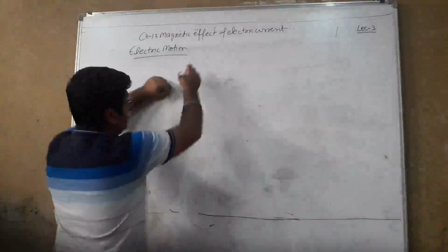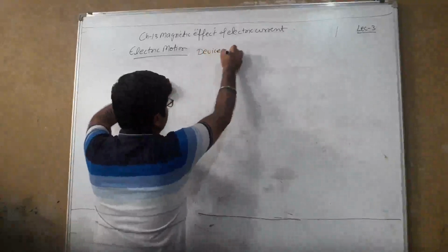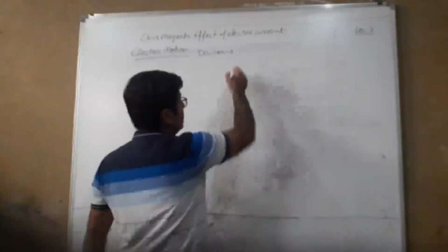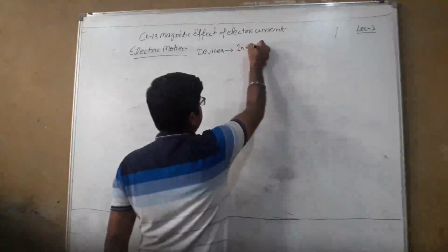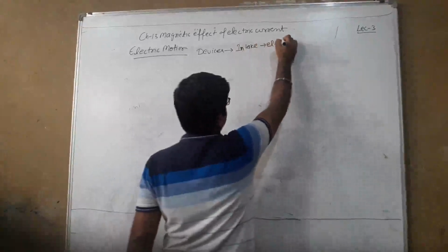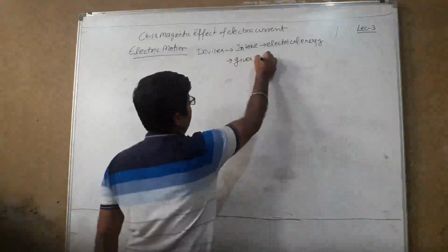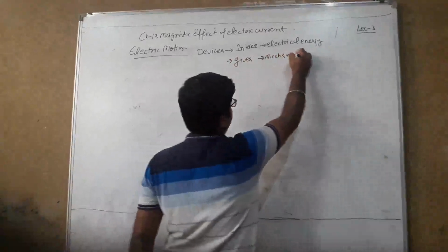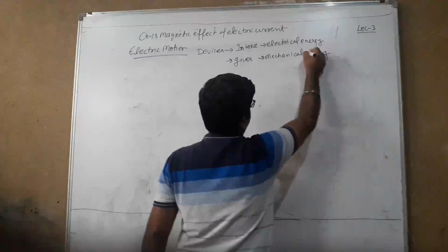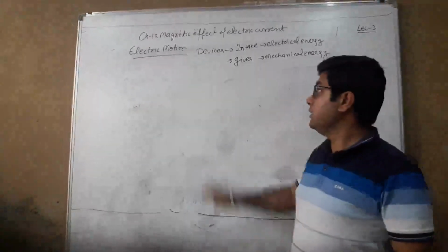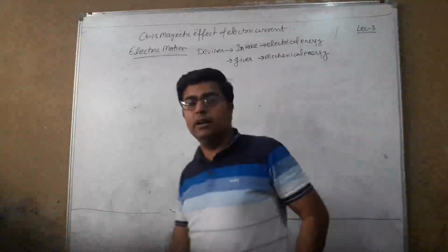It is a device which takes in electrical energy and gives mechanical energy. I repeat, it takes in electrical energy and gives mechanical energy. This is about the electric motor, which is a device.